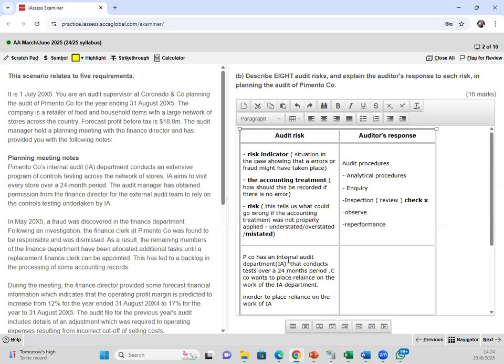Why? So that later on, particularly IA, the marker knows what you're talking about.